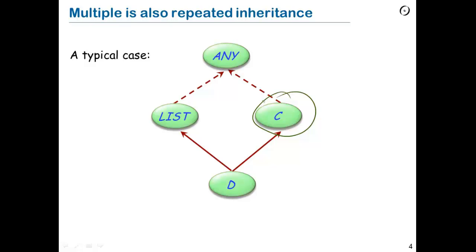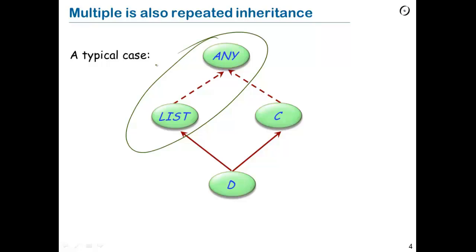So what's important here, as suggested by the dotted lines, is that any class like C or list has any as its ancestor. The lines are dotted, by the way, simply to suggest that the inheritance between list and any, for example, could be direct or indirect. That's what the dotted line means. It means ancestor rather than direct parent.